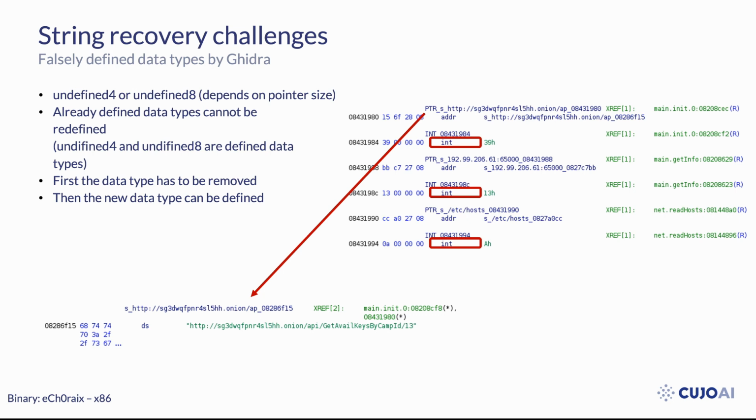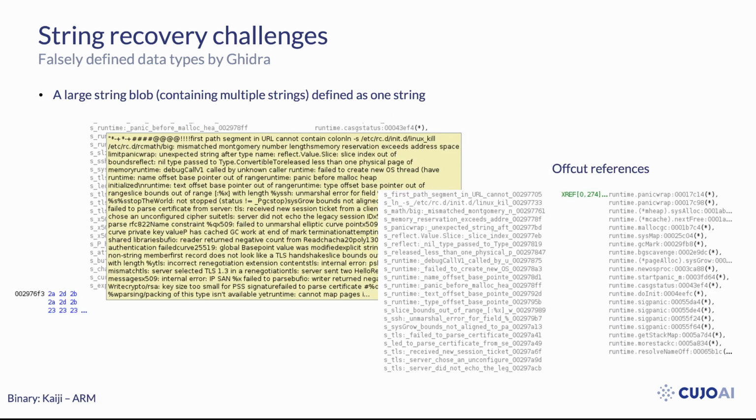Obviously, it can happen that there are other data types created by Ghidra. So for example, here we can see that there is a large string blob defined as one string. There are multiple smaller strings that are concatenated, and there is somewhere the null termination character, and Ghidra defined this as one whole string.